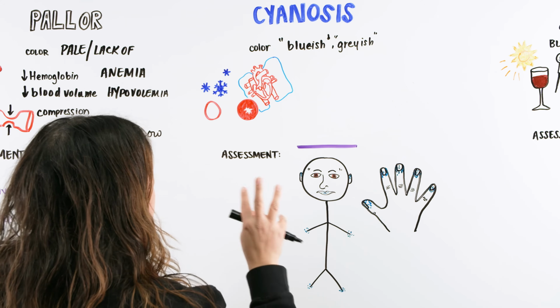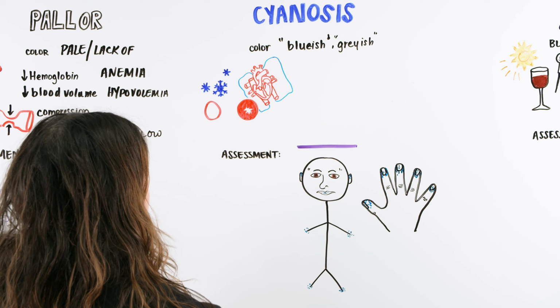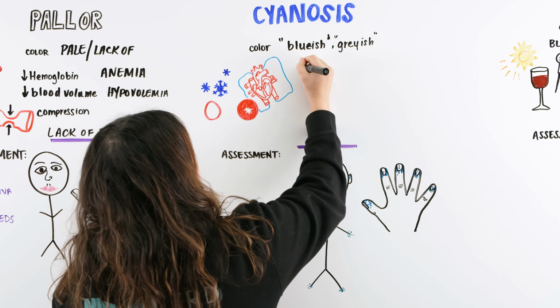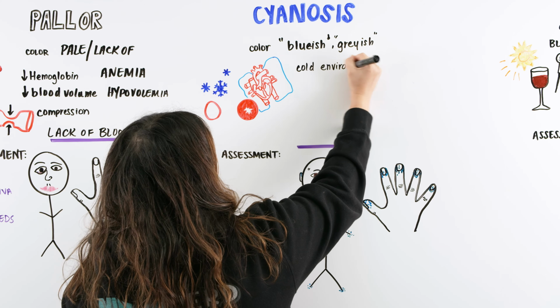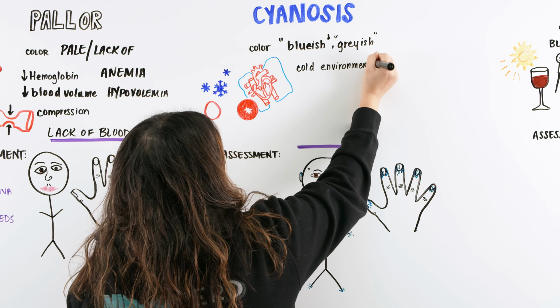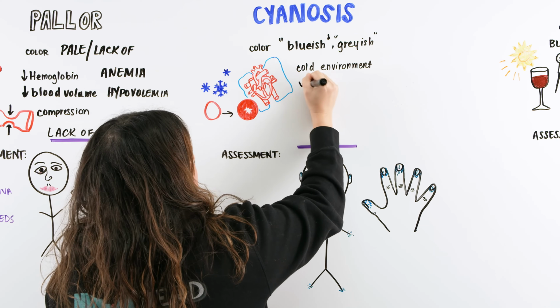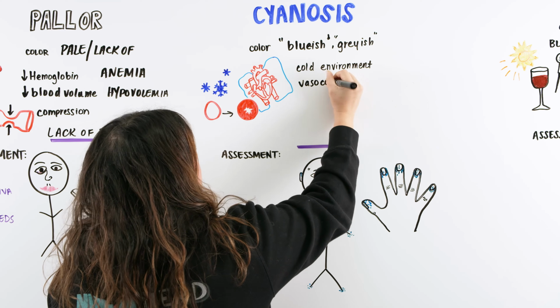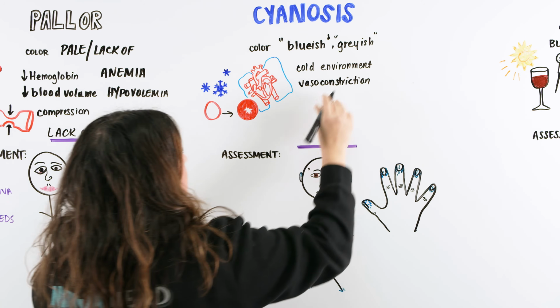But when we are assessing for cyanosis, we have some risk factors or things that we want to start thinking about. So some of them could be just a cold environment. Patient's been out in a cold environment for a prolonged period of time. Patient has some maybe vasoconstriction that's occurring, whether it is due to the cold environment or some underlying issue that the patient has.